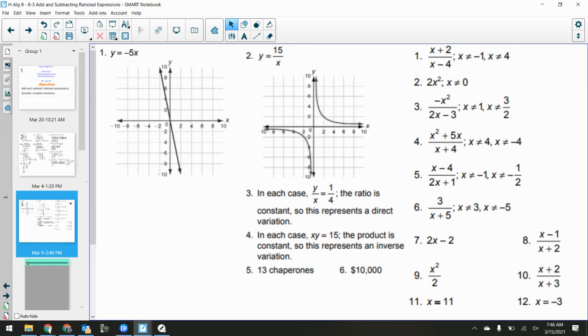Okay, sorry, back to number 6 here. The owner of a bookstore developed a model for determining the price of rare comic books. The price P varies directly with the number of people N, and inversely as the number of books in existence, M. So there's my equation.